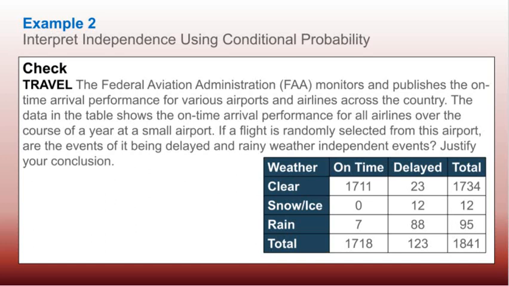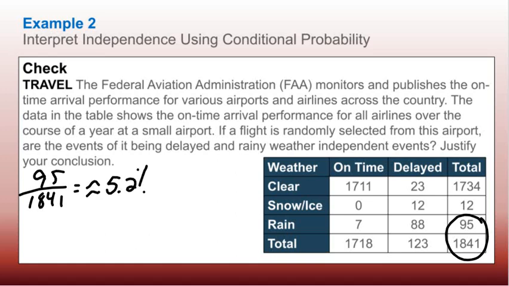So being delayed, and rain and being delayed. Rain is 95 out of 1,841, which is 95 divided by 1841, roughly 5.2%. And if it rained, what was delayed?